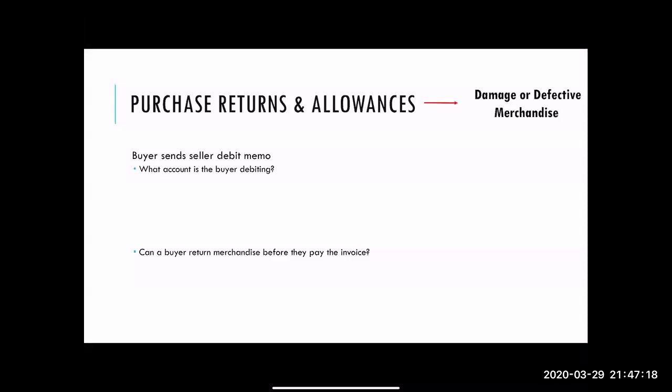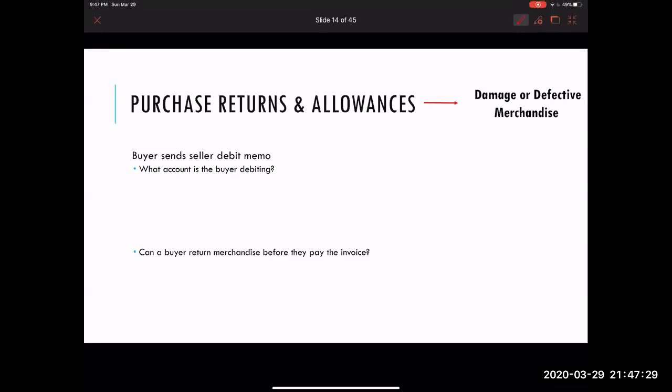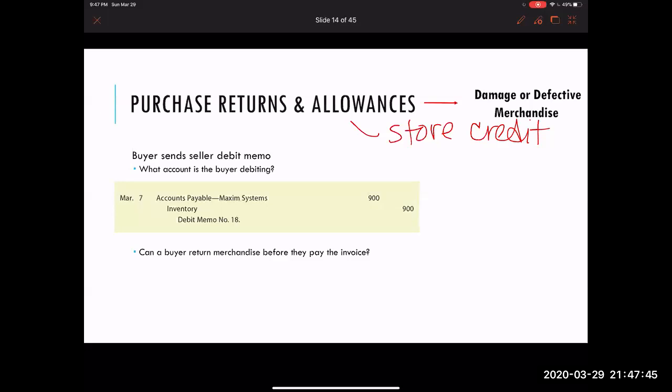An allowance is also for when something is damaged or defective. You can think of an allowance as store credit. They're saying, instead of returning it, here's some store credit, okay? So when the buyer sends the seller a debit memo, they are doing a debit to accounts payable and a credit to inventory, as we saw in our prior example.